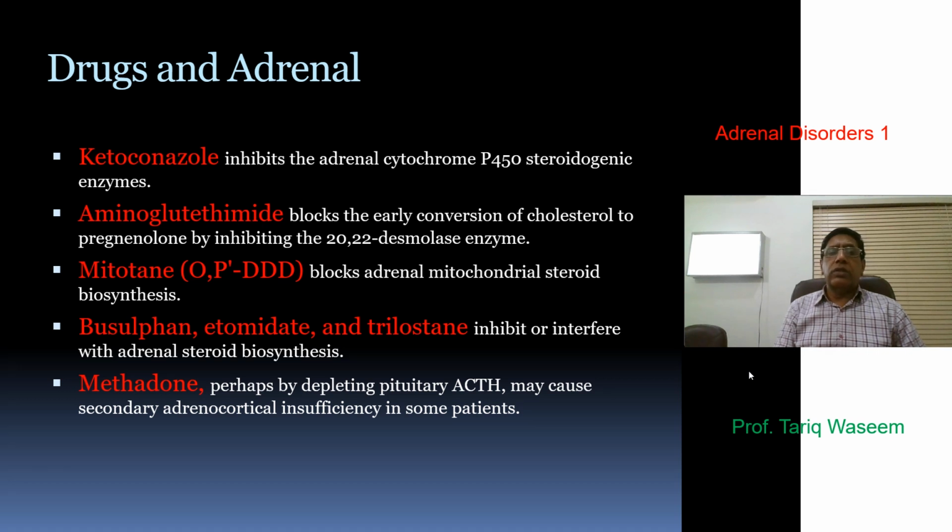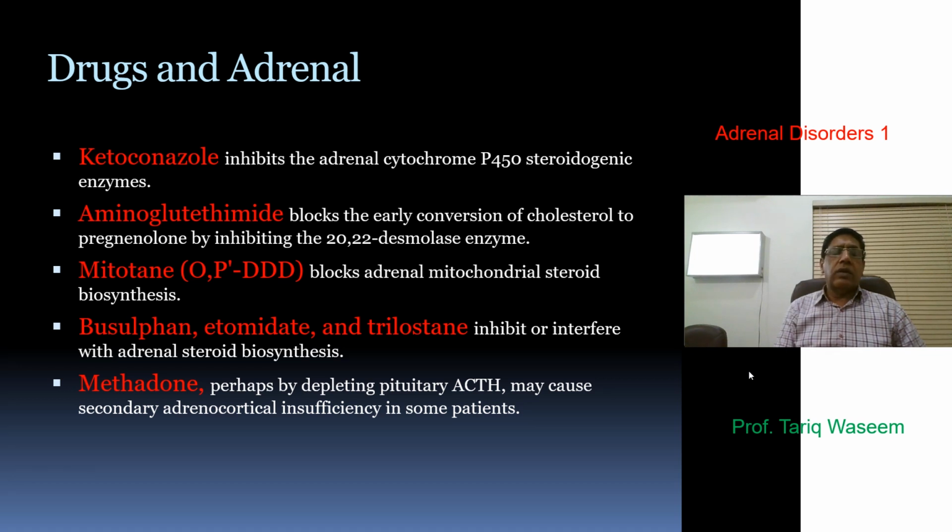Aminoglutethimide blocks the conversion of cholesterol to pregnenolone by inhibiting desmolase. Mitotane blocks the adrenal mitochondrial steroid biosynthesis. Similarly, busulfan, etomidate, and trilostane inhibit or interfere with the adrenal steroid biosynthesis, and similarly, methadone may deplete the pituitary ACTH and may cause secondary adrenocortical insufficiency in some patients.